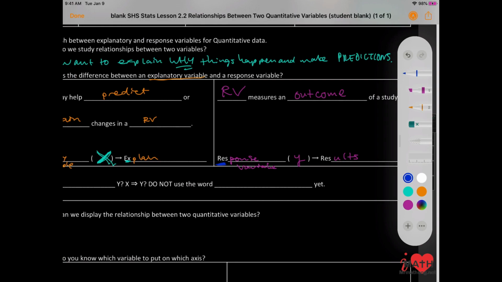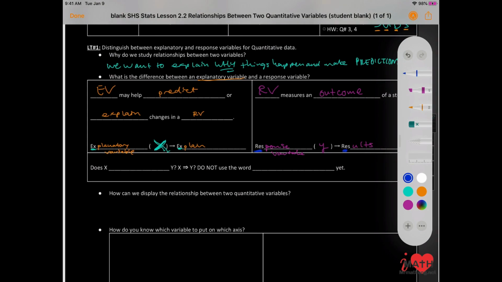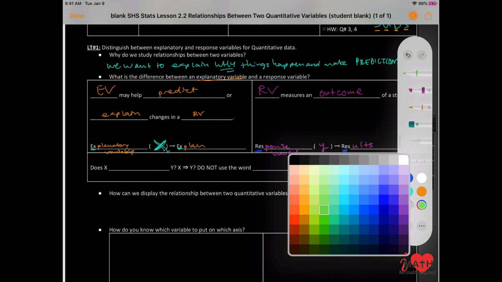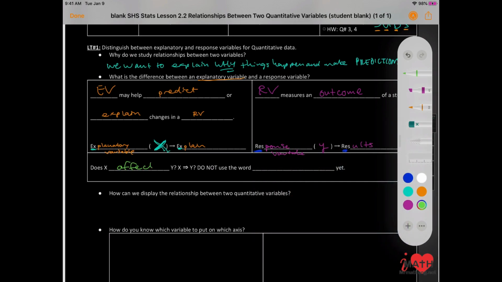So response, results. Okay? And then we talked about how it's a question, does the x affect the y variable? And we're not using this word yet, causation. All right.